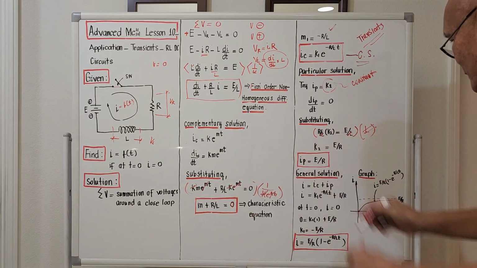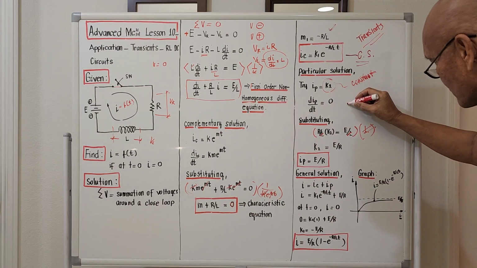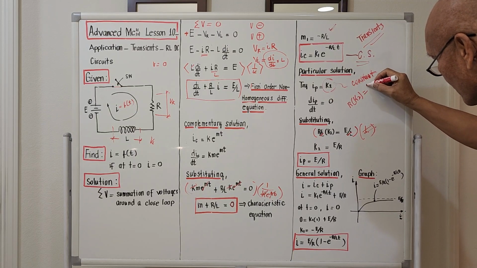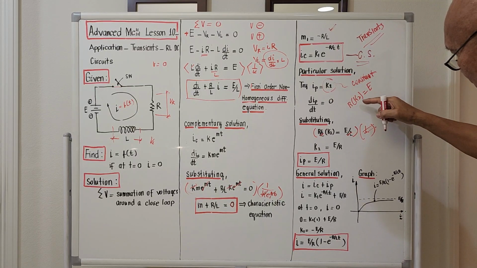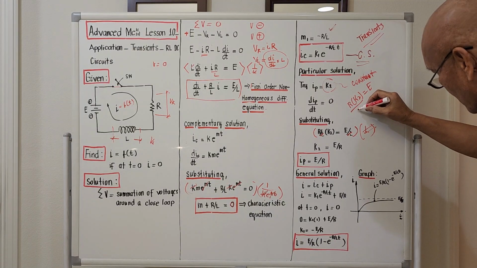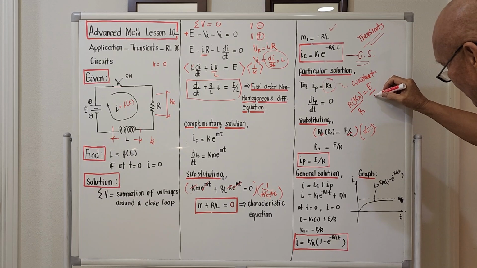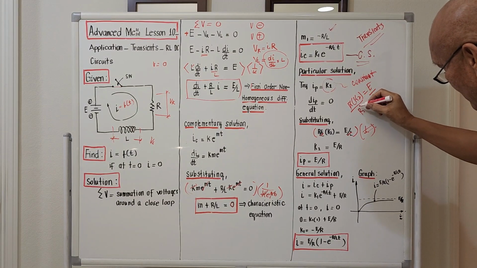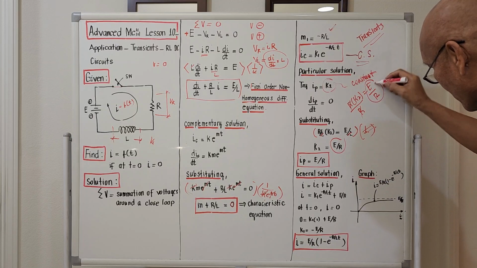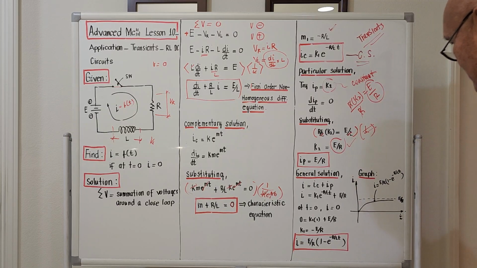So it will simply be R times K2 equal to E. Solving for K2, we eliminate R, so we divide both sides by R, and K2 is simply the ratio E over R.